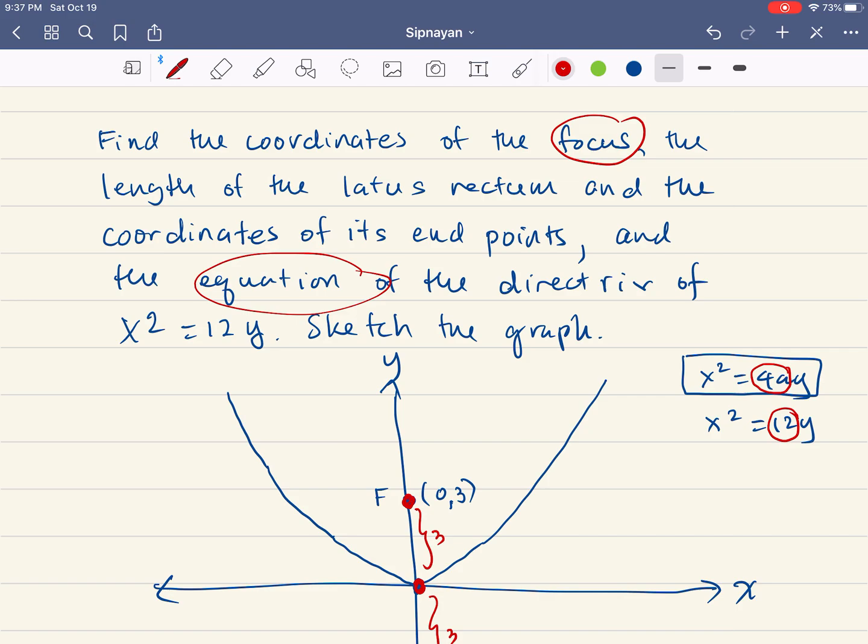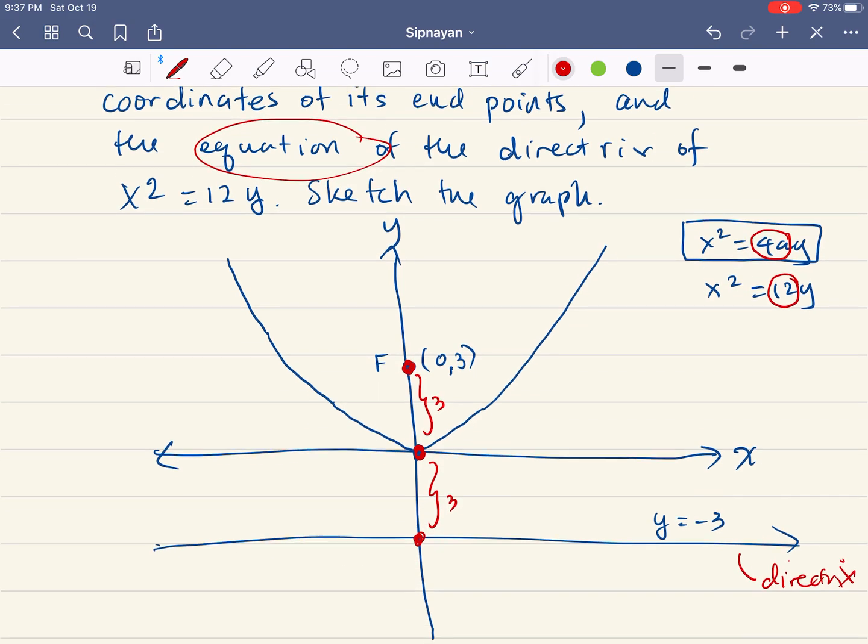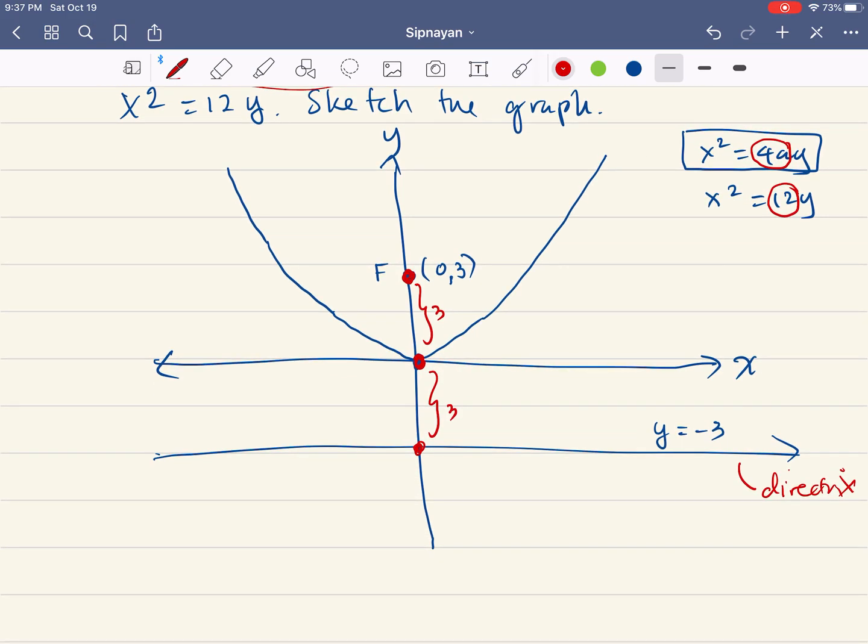So dalawa na lang. Ano ba yung length ng latus rectum, naalala nyo? Kung naalala nyo sa previous video, ang latus rectum ay 4a. Ang length niya ay 4a. Ang latus rectum natin is the segment na dumadaan sa focus papunta dun sa parabola. So, ito yung F natin, ang kanyang coordinates ay 0, 3.